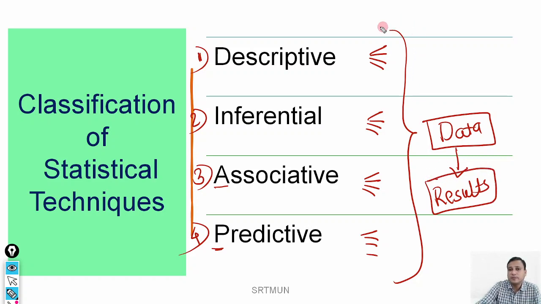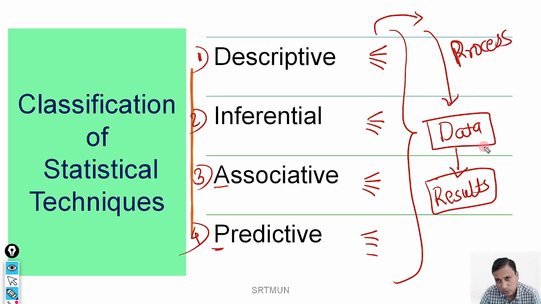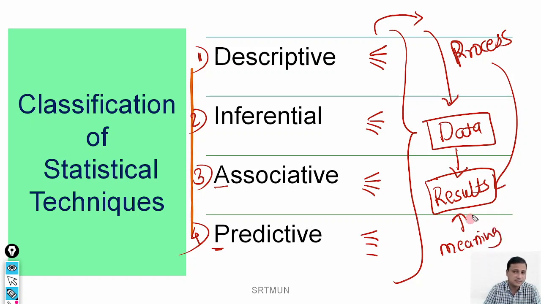So this course will be dealing with all these statistical methods. This course will explain the process using which we are going to find out results, and finally how we can give meaning to these results, the interpretation part. So this course will deal with all this part.